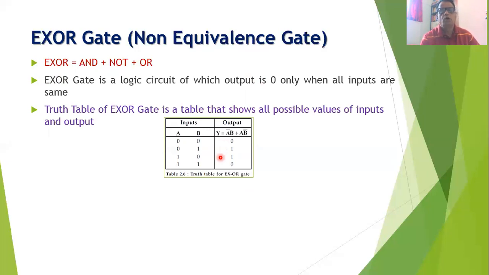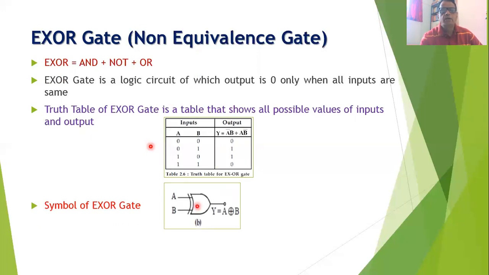For 1, 0, the output is 1. And again, in the last case, when both the inputs are 1, the output is 0. So you can easily understand from this truth table that the output of this gate is equal to 0 when the inputs are the same, either 0 or 1. And the output of this gate is equal to 1 when the inputs are different. And therefore, this gate is called a non-equivalence gate.